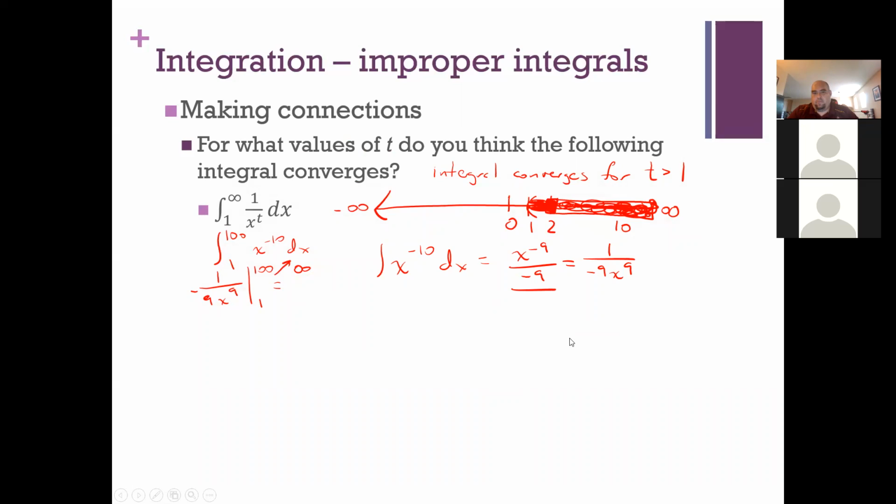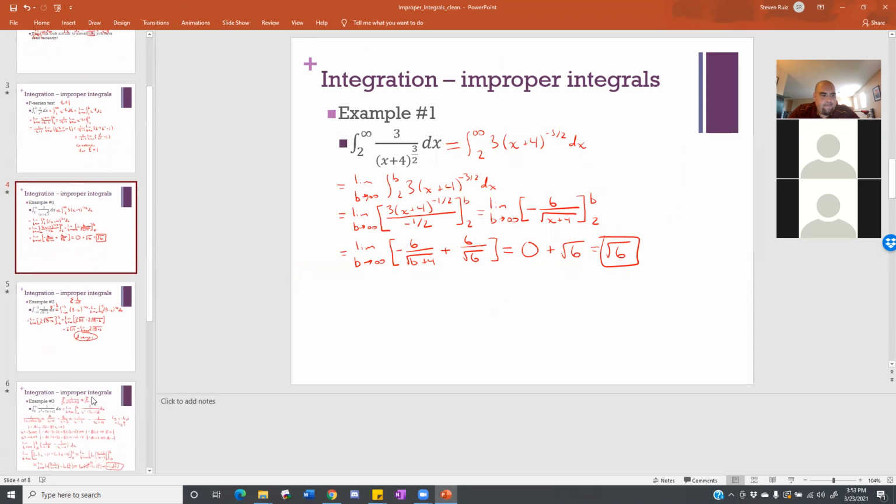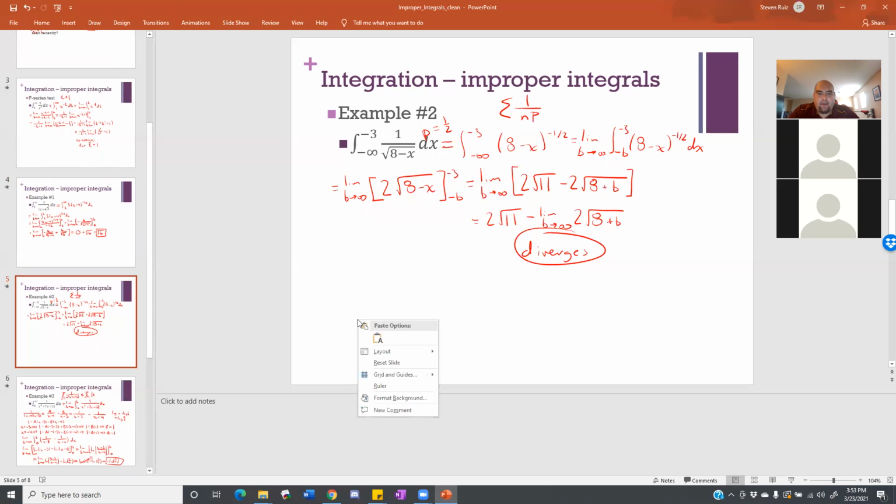Stephen, I had a question about the integral test. Is there a situation where the limit still does not exist with the improper integral test? Yeah, we did one. So yeah, this example here.